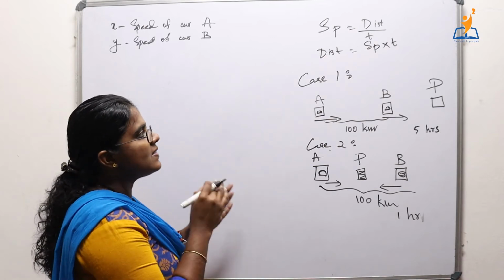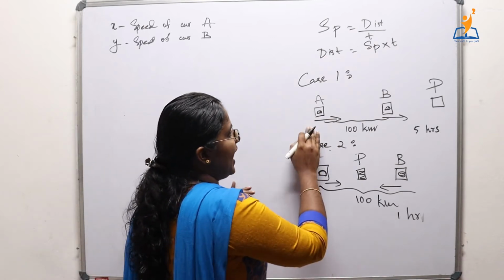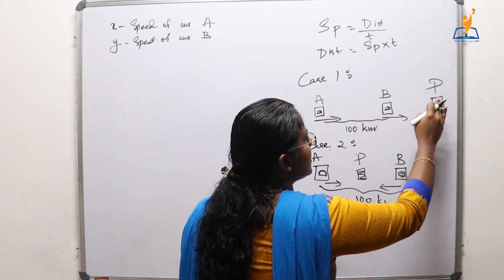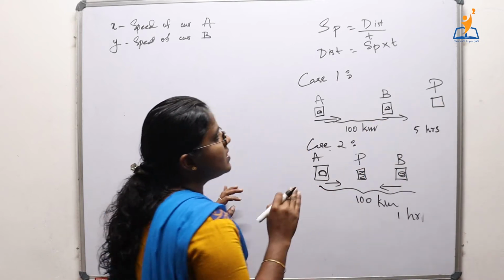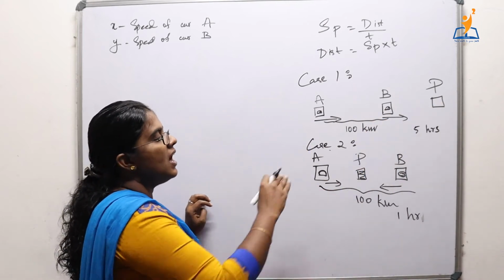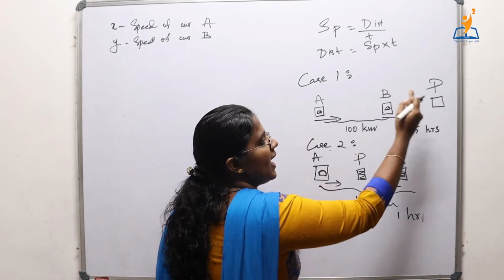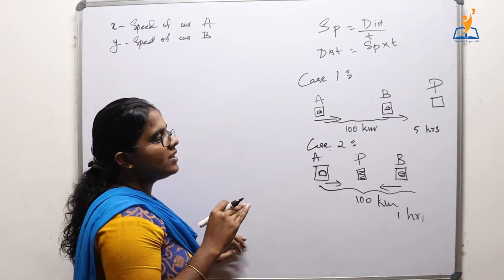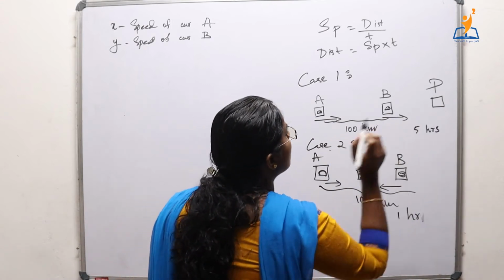So what is the distance travelled by A to reach the position P? This distance is unknown to us.